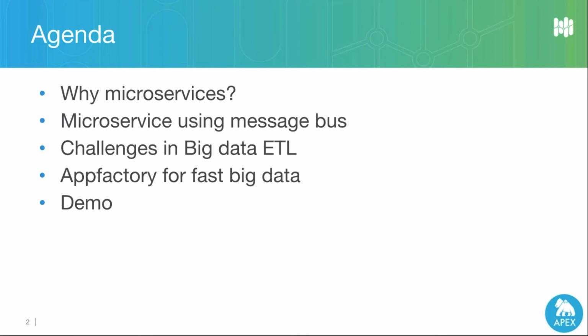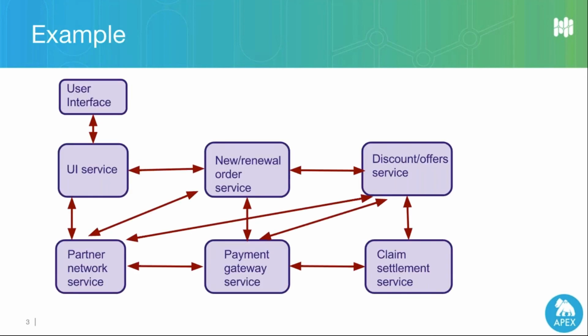So the agenda for today is, first I will briefly cover why we need microservices, and how typically organizations build architecture with Kafka, or for that matter any message bus, as a backbone, and build microservices around it. Then we will cover some typical challenges faced when you develop a big data ETL pipeline.